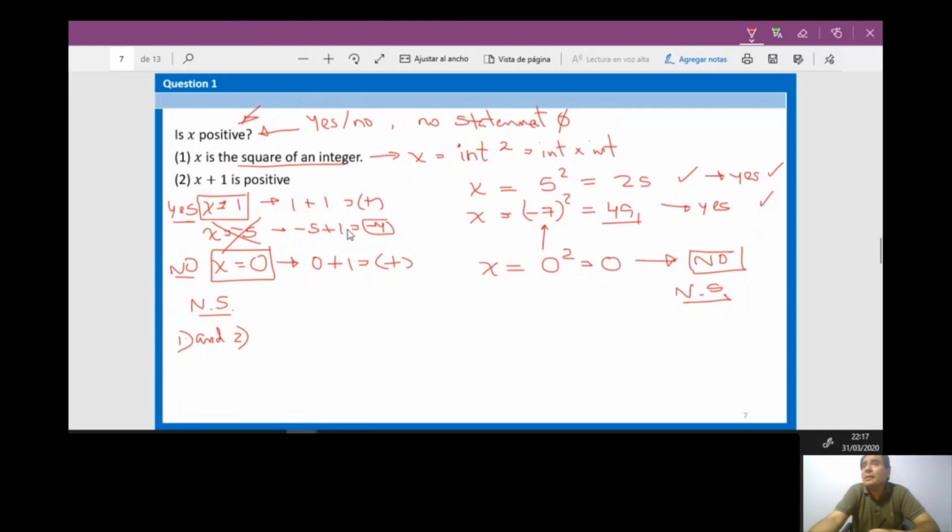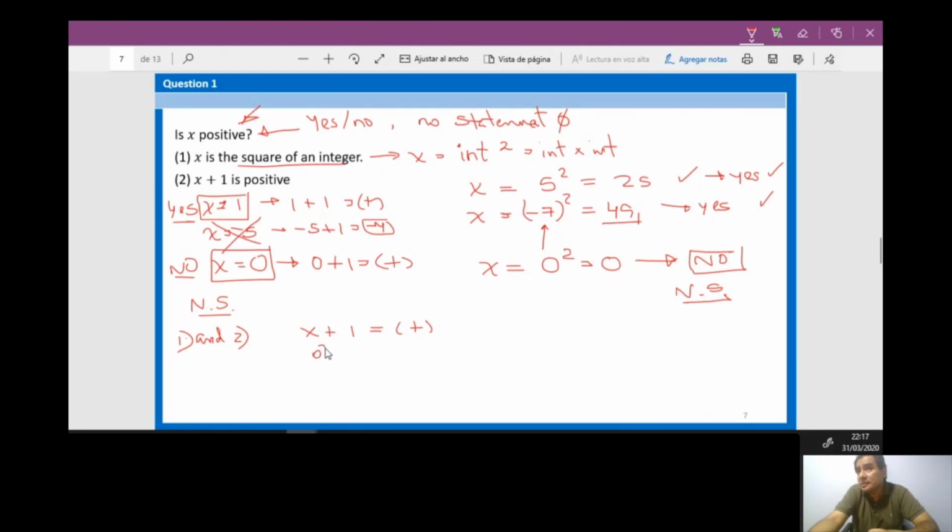So what is x? It is the square of an integer that added with 1 is positive. So if we are thinking of possible values of x so that x plus 1 is positive, but at the same time x needs to be the square of an integer, well, we could have x equals 0, right?